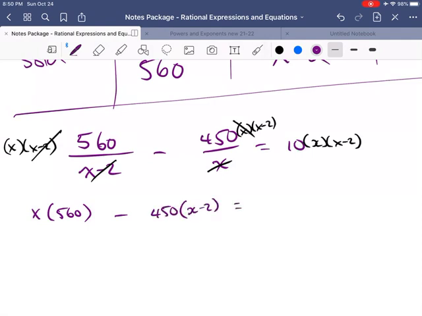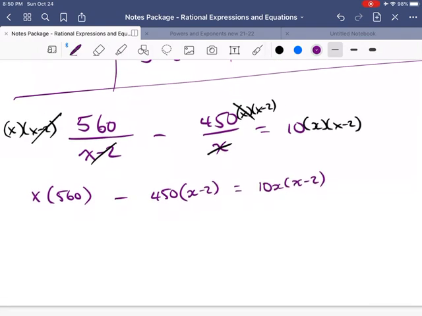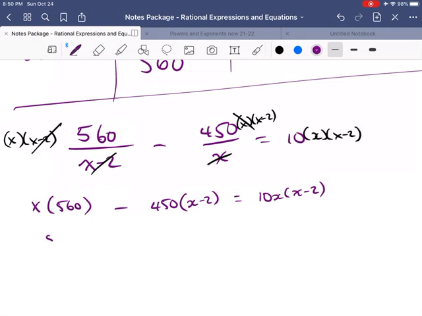And that's going to equal 10x multiplied by x minus 2. So let's further simplify: 560x minus 450x plus 900 is going to equal 10x squared minus 20x.